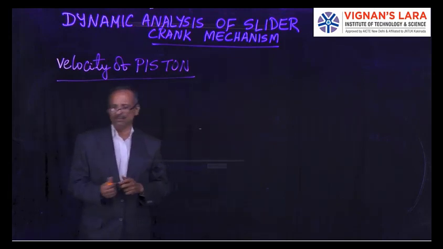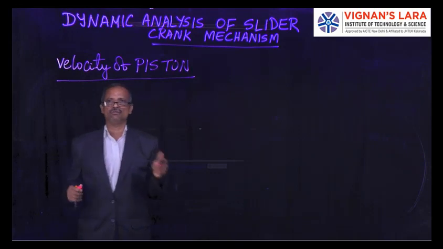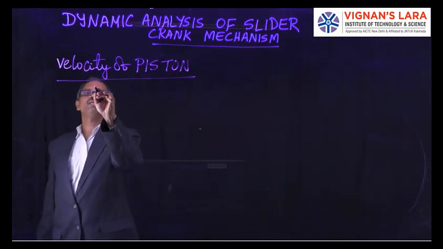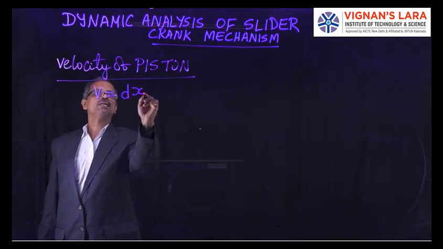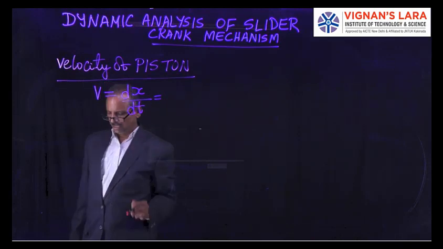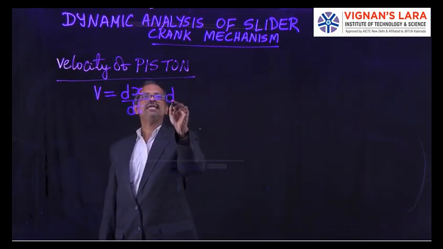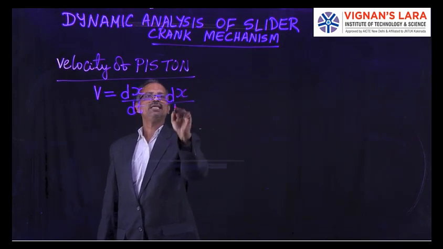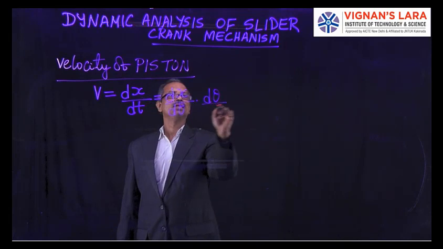Velocity is nothing but the rate of change of displacement. So we can write V is equal to dx by dt. So dx by dt can be written as dx by d theta into d theta by dt.